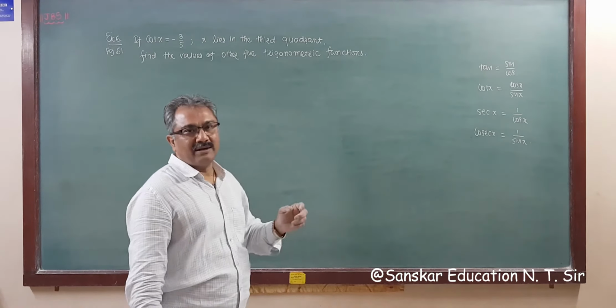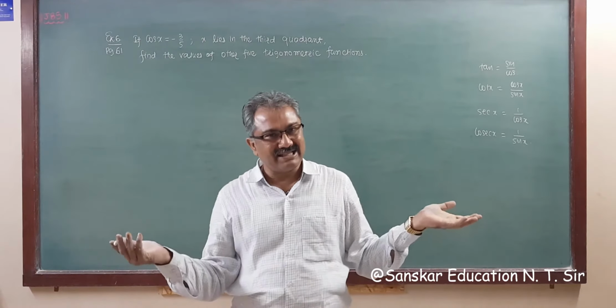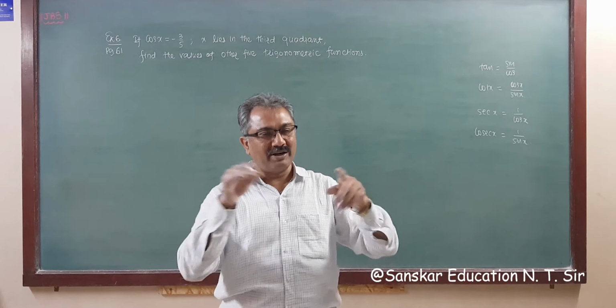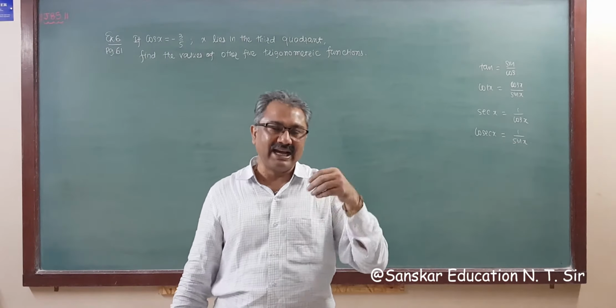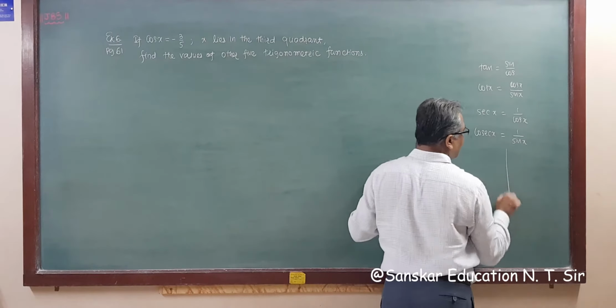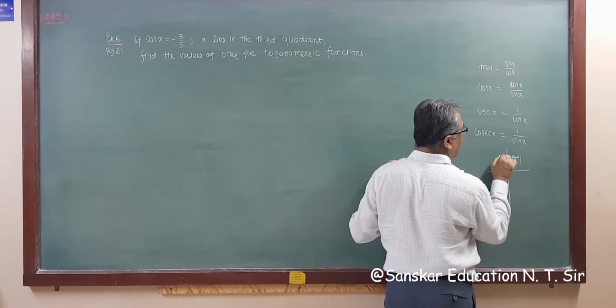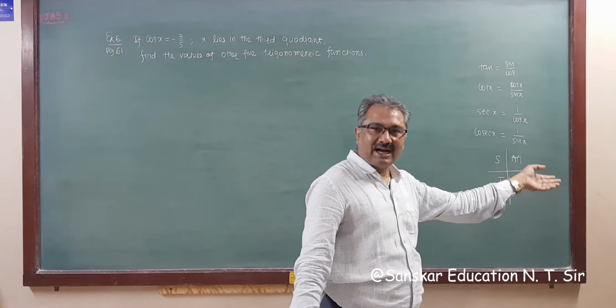Then we learn signs of trigonometric functions, means all STC. All means all trigonometric functions in first quadrant are positive. S means sine and reciprocal of sine in second quadrant, right? So we learn about this. This is all STC, either all Sachin Tendulkar's cars, right?